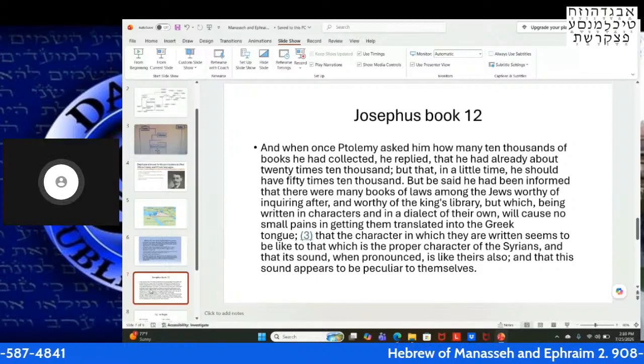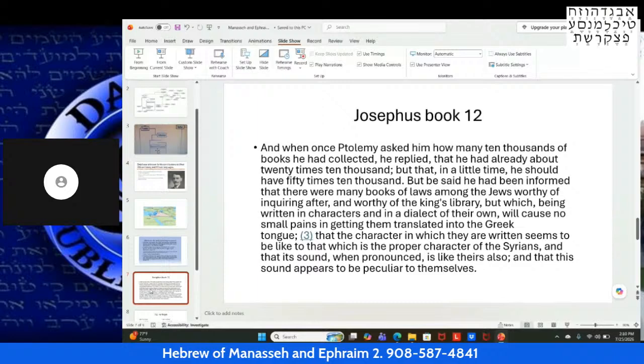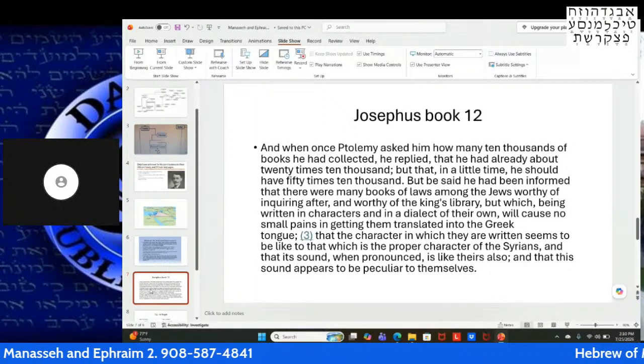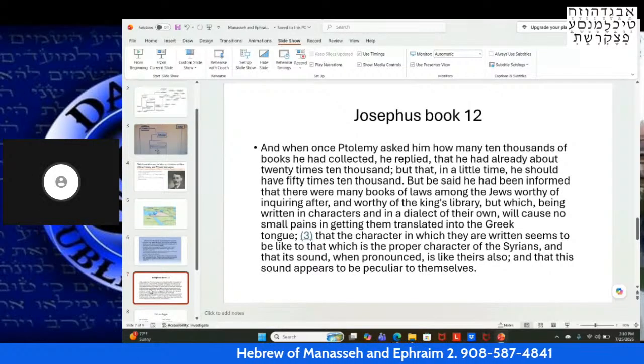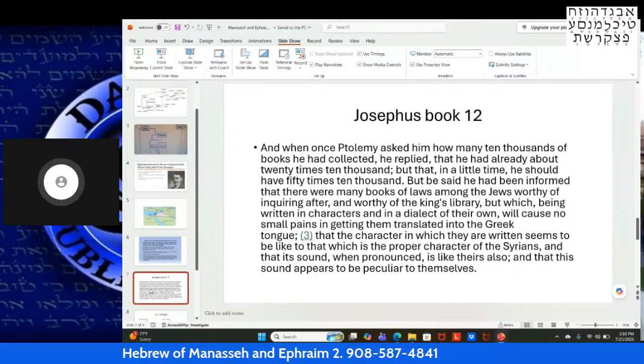That the character in which they are written seems to be like the proper character of the Syrians, and that its sound, when pronounced, is like theirs also, in that this sound appears to be peculiar to themselves.